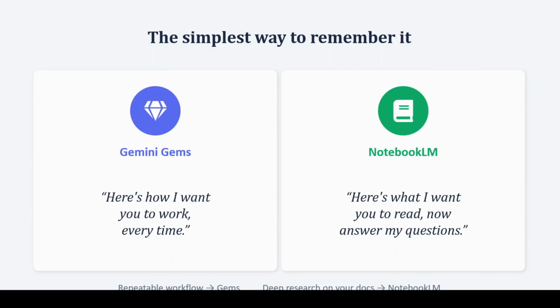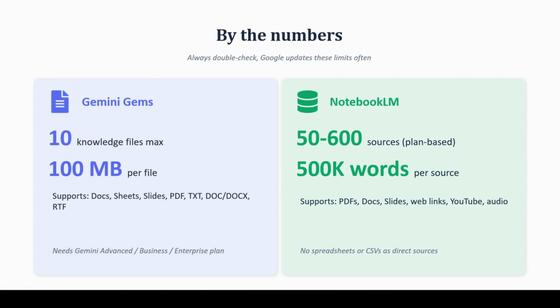So it means that if you need a repeatable workflow or assistant personality, go with Gems. If you have specific documents you need to dig into, summarize or study from, then you can go with Notebook LM.